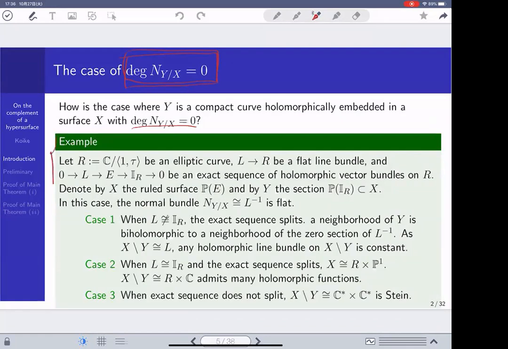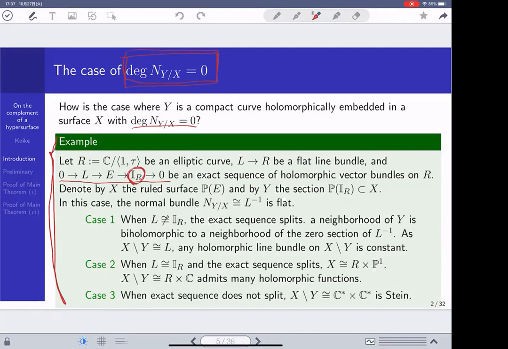So I would like to explain it by using concrete examples. Let R be an elliptic curve, and let L be a flat line bundle over R, and let this be an exact sequence of holomorphic vector bundles on R, where IR stands for the holomorphically trivial line bundle.